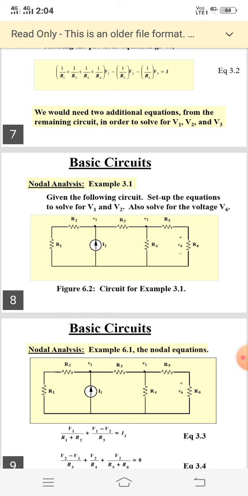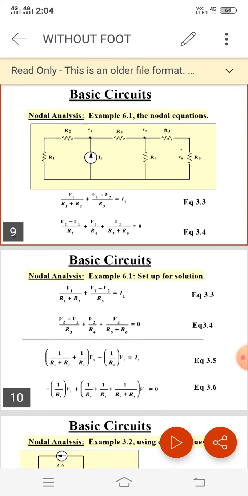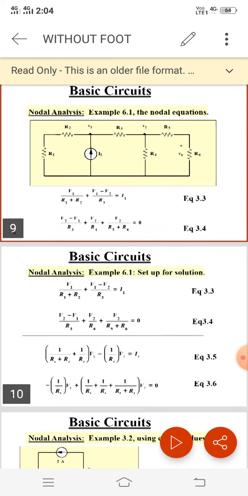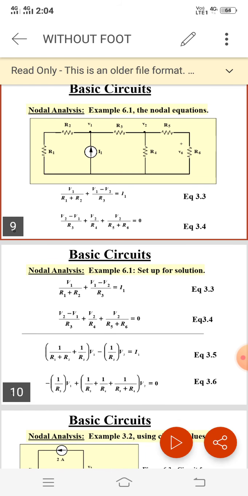Here three resistances leave from this V2 node. So V2 by R3 plus R6, again V2 by R4. There are no current sources, so you just equate it to 0.